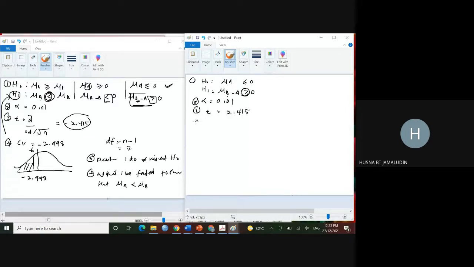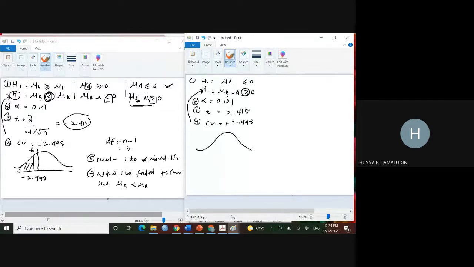Okay, for number 4, CV, right? You will compute the same values. You will get 2.998. Remember, as I told you, the CV, when we refer to the T table, the value will be all positive. Your job is to confirm whether CV is positive or negative, right? Looking at the signs of the H1, because CV will follow the signs of H1. So now your H1 is positive. So your CV will be positive.